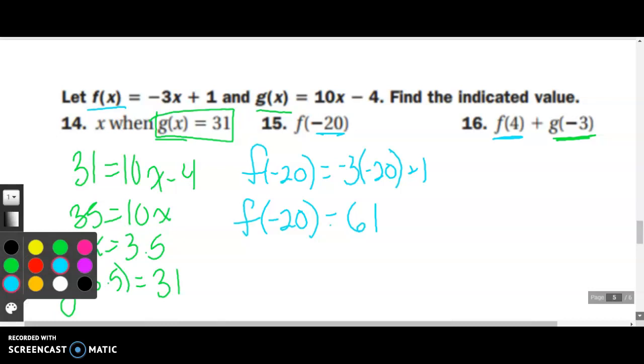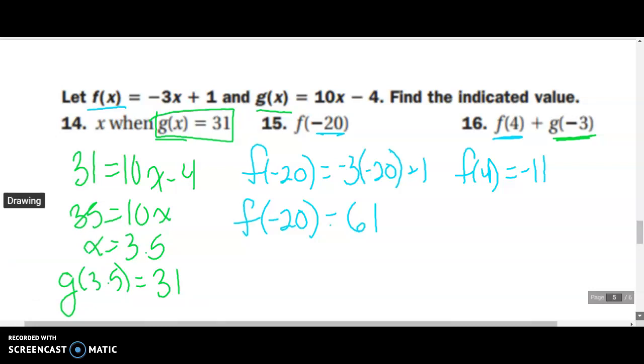So when I do that, f of 4 winds up being negative 11. When I plug 4 into here, negative 3 times 4 is negative 12, plus 1 is negative 11. Then when I plug in negative 3 as the x for the g, I wind up getting negative 34.